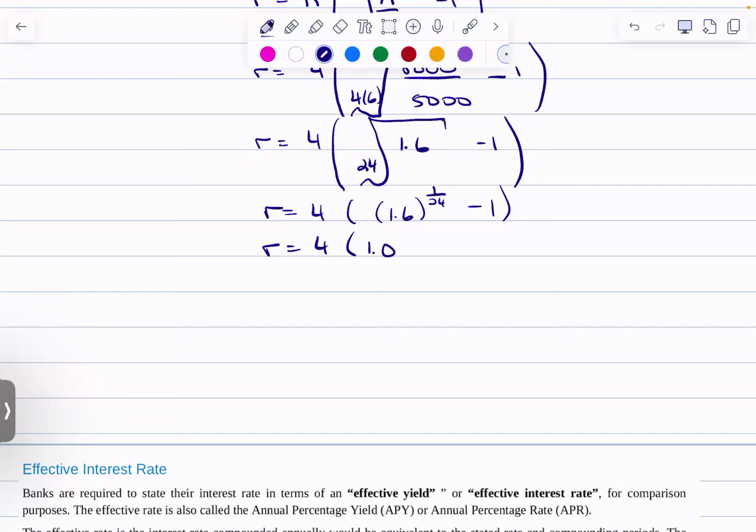This becomes 1.019776499 minus 1, which I would store, but I also see the end of the tunnel here because I'm just going to subtract 1 from this so I can keep it on the screen, and then that I'm going to multiply by 4. So I can actually just work with the numbers on the screen.